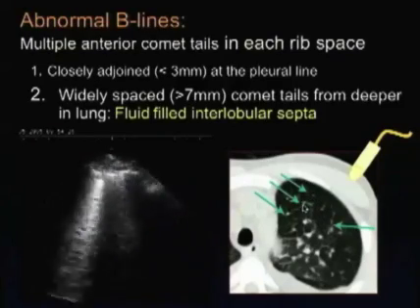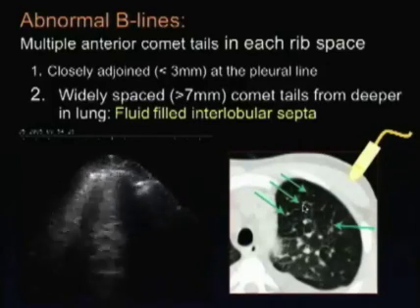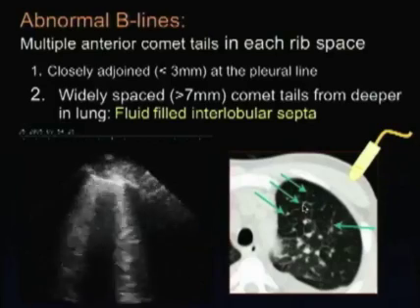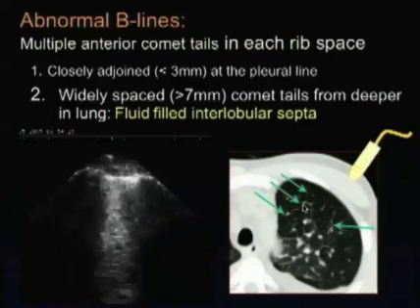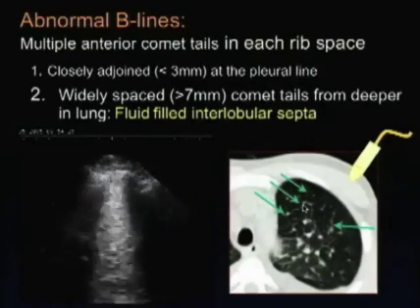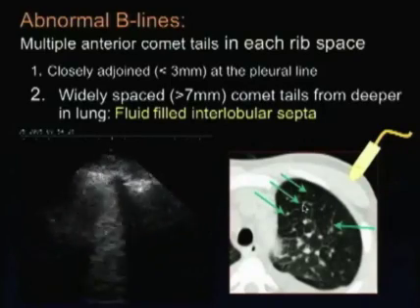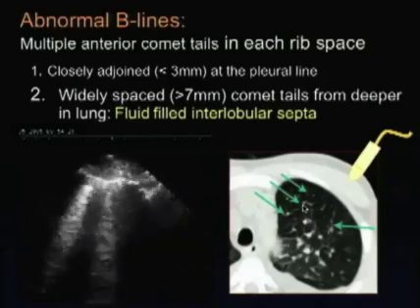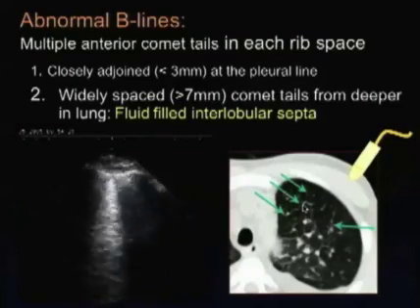These 2 types of B-line are clinically equivalent in most regards for patient management. They both mean that there's excessive lung water, extravascular lung water, which needs therapeutic intervention because it's causing decreased lung compliance and impaired oxygen exchange.